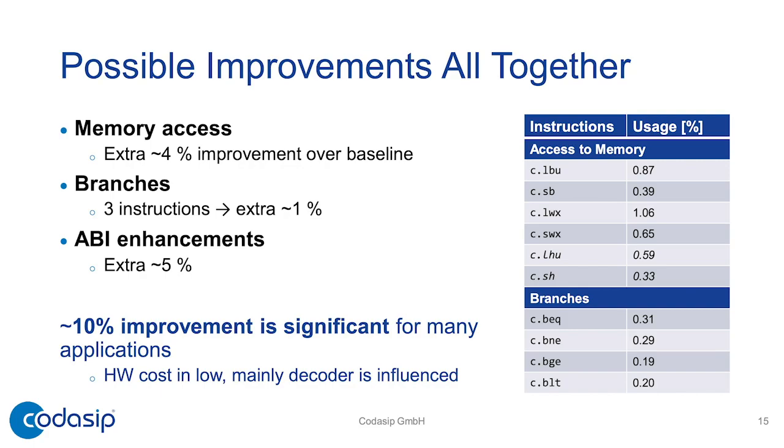If you put all the information together, there's a table again with percentages. You can combine that with the table presented previously. Long story short, the memory access gains about 4%, the branches another 1%, and ABI advancements can lead to an extra 5%, but some tweaking is needed in the ABI.